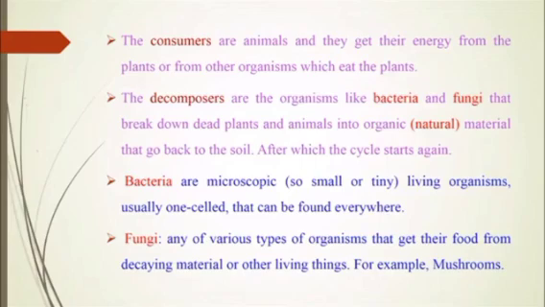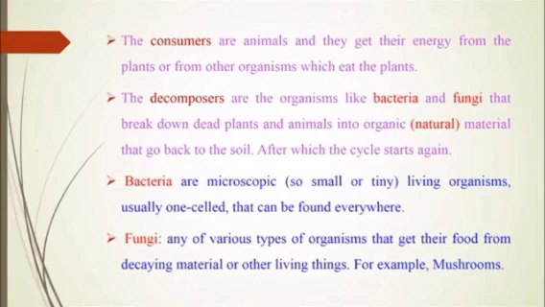What is meant by decomposer? Decomposer means an organism, especially a soil bacterium, fungus, that decomposes organic material. Organic means natural material, right? Similarly, the decomposers are the organisms like bacteria and fungi that break down dead plants and animals into organic material.